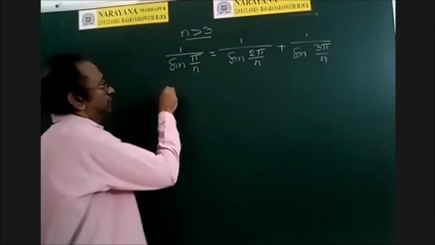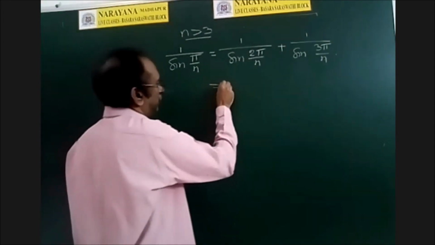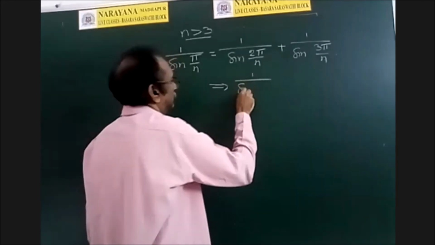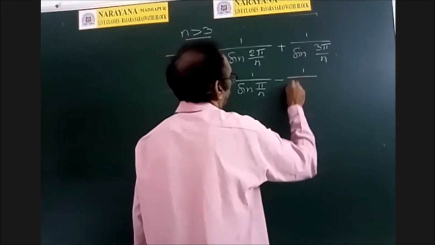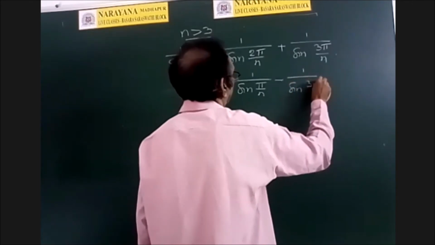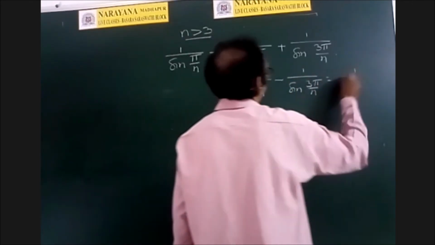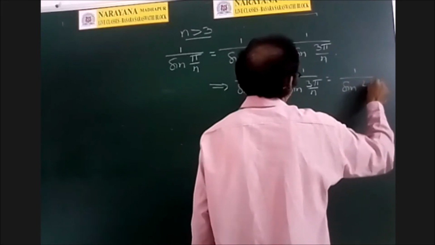Okay, and we are going to simplify this: 1 by sine pi by n minus 1 by sine 3 pi by n is equal to 1 by sine 2 pi by n.